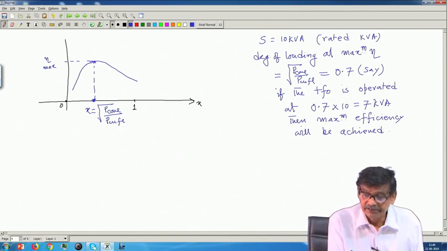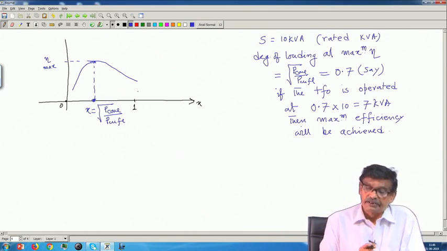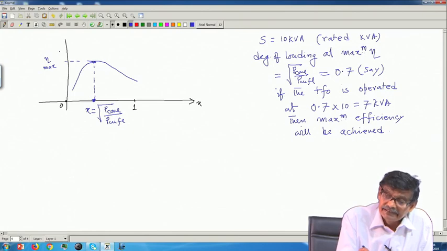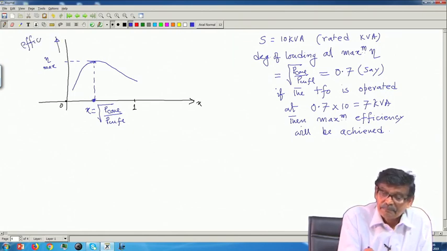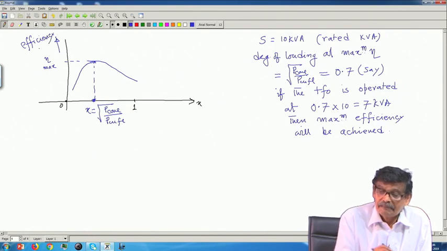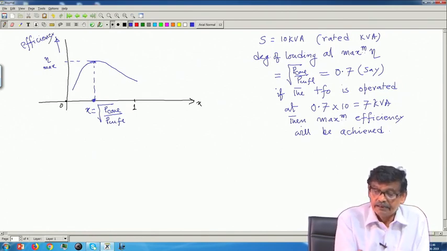Got the point? So this number, this is the maximum efficiency. So this axis is efficiency, and this is eta max, this is general eta x.